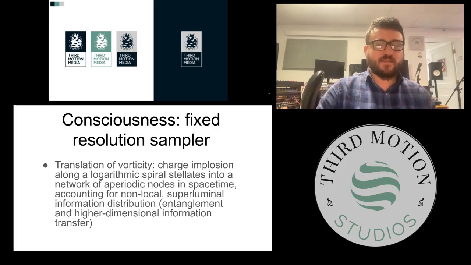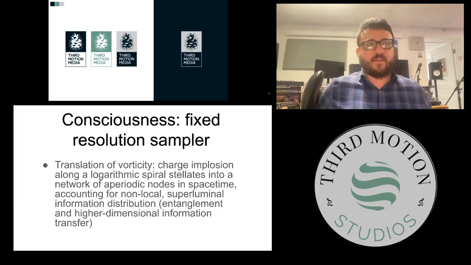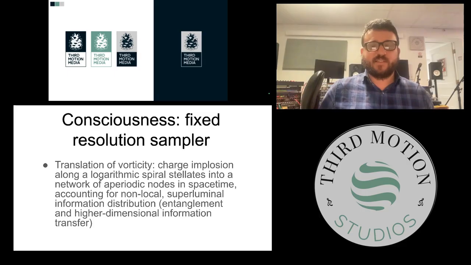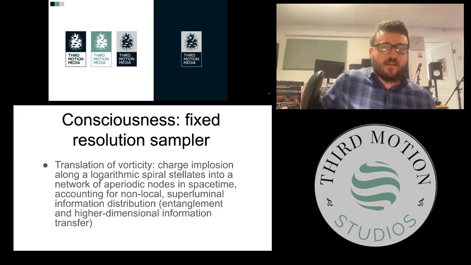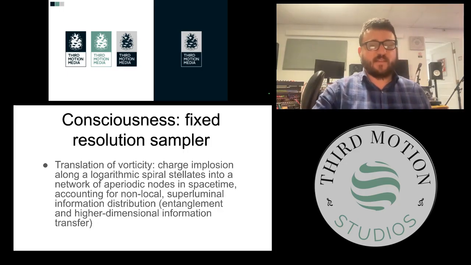So when it does so, it changes from a certain kind of wave to another. It turns from longitudinal to transverse electromagnetic wave. So it turns from electricity to electromagnetism, and it creates a network of nodes that, following the golden ratio irrationality, disperse into a field of information that is aperiodic, which accounts for non-local consciousness, superluminal, meaning faster than light information distribution, retrocausality, which means things going backwards in time because they're going faster than the speed of light, and entanglement and higher dimensional information transfer.